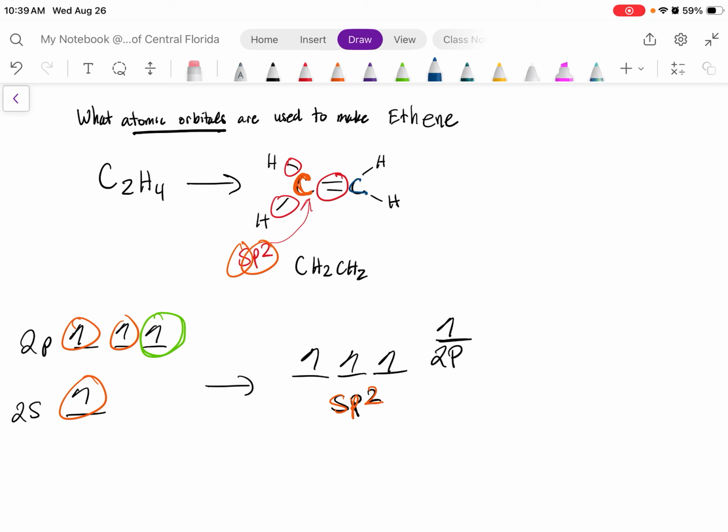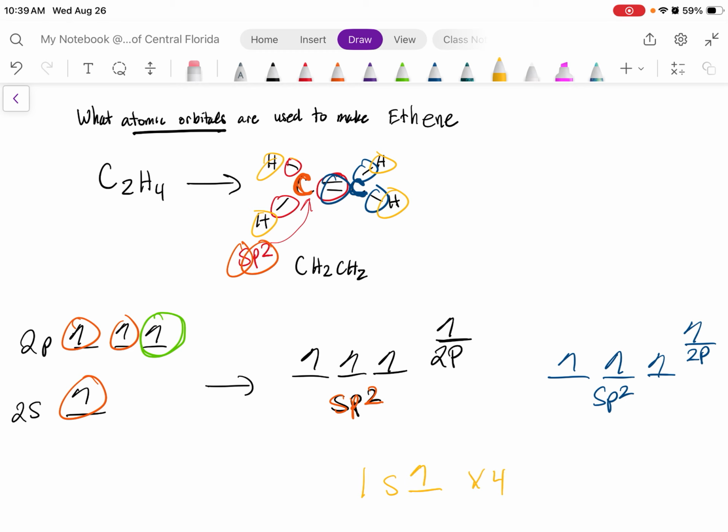What about this blue one right here? We're going to have the same thing, 1, 2, 3 groups around it. So it's going to be sp2 hybridized. It's also going to come with 4 valence electrons. And then we have our 4 hydrogens all coming with a 1s times 4.